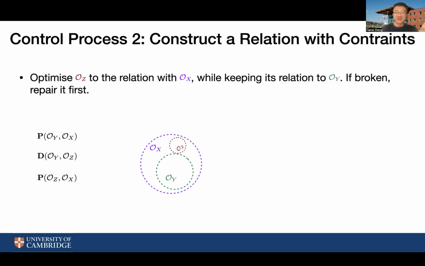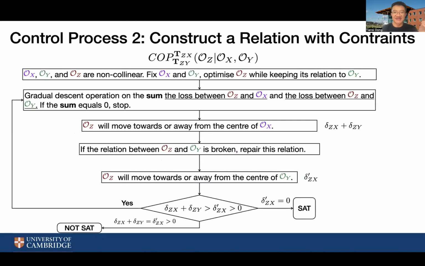And we need to implement this rotation as a kind of gradient descent process. Then it is a neural network process.